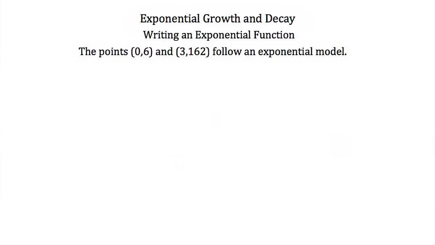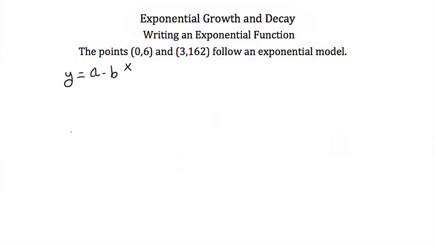Now what if we were told that we had 2 points and these follow an exponential model? We wanted to know what that model was. Well, we've actually already done this, but we can try this again. If we know this follows an exponential model, that means this is going to be in the form of y is equal to a times b to the x.